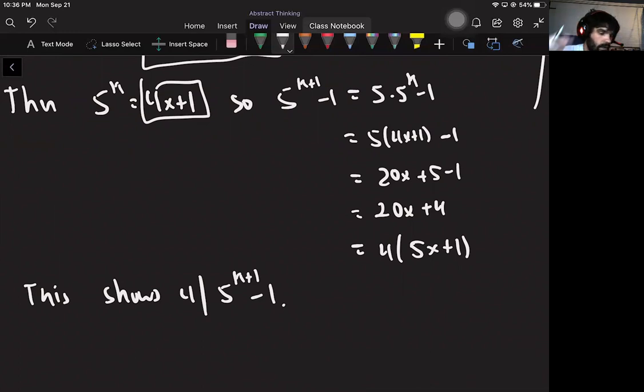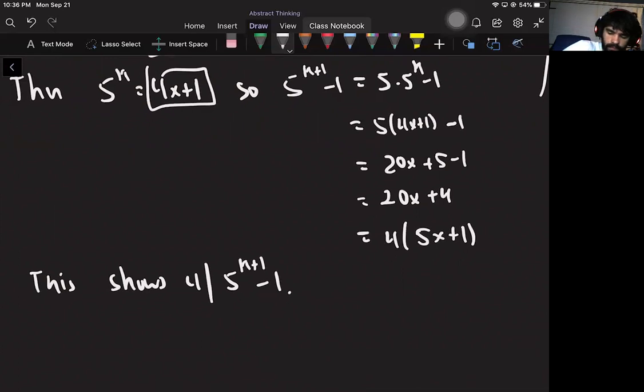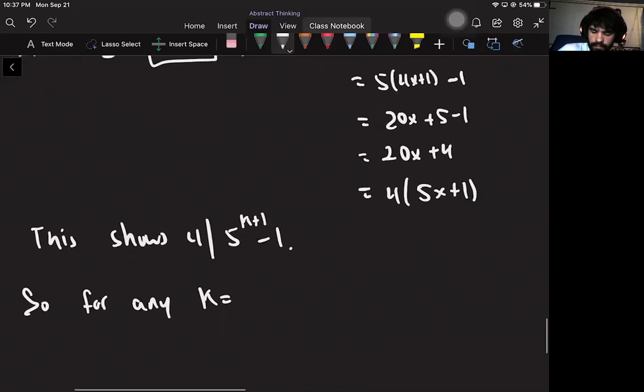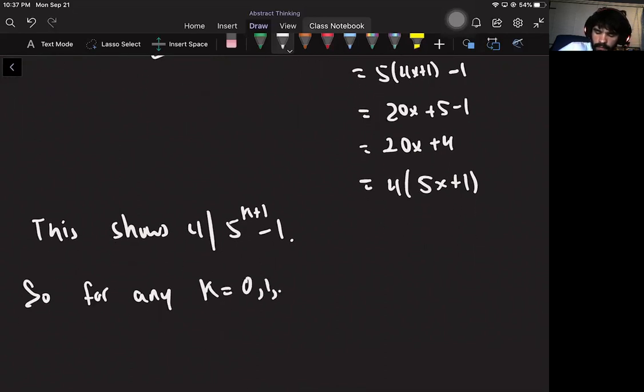So what we've done is we've shown that for any k in this list, if 4 divides 5^k - 1, then 4 divides 5^(k+1) - 1.